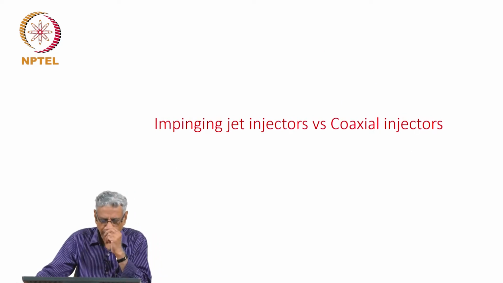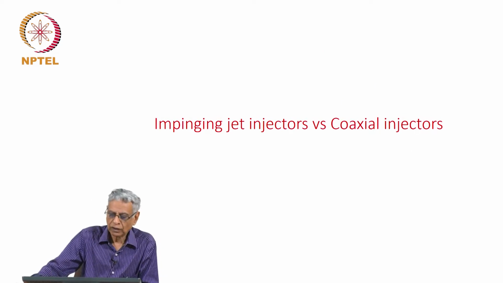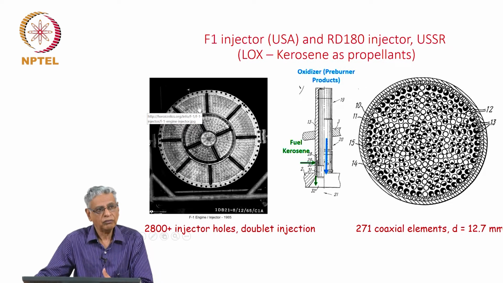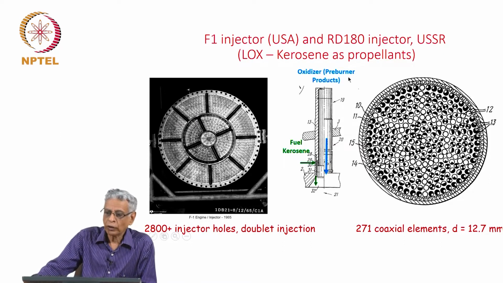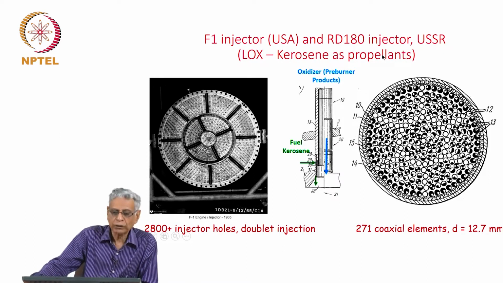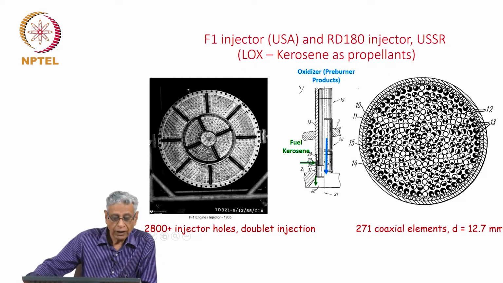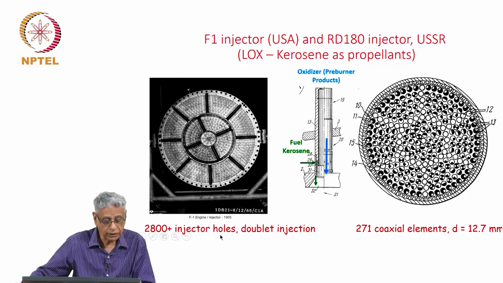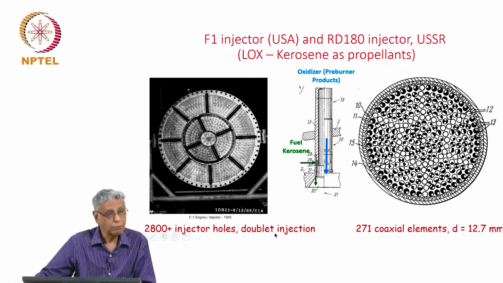Well, we'll ask the question, impinging injectors versus coaxial injectors. The F1 engine is very famous, extremely well written about in the literature, and this is the RD180 injector, written about not as much. Both use LOX and kerosene as propellants. The F1 engine injector has more than 2,800 injector holes here, doublet injection.